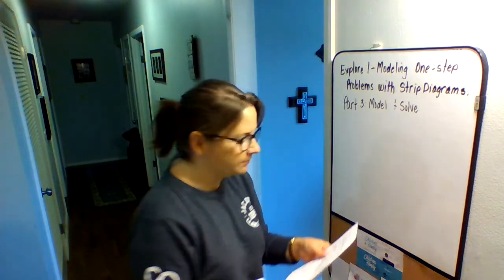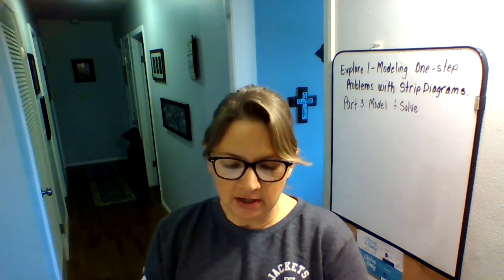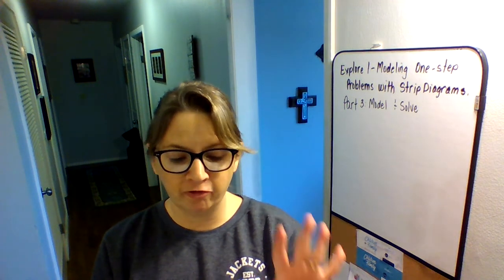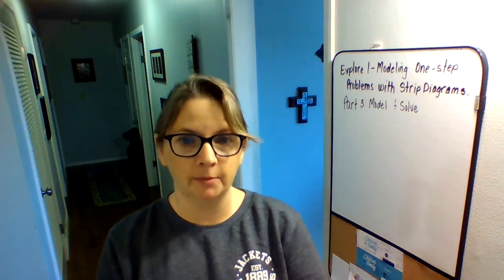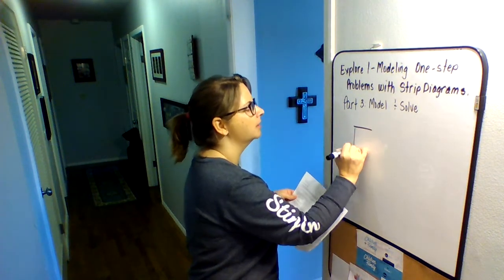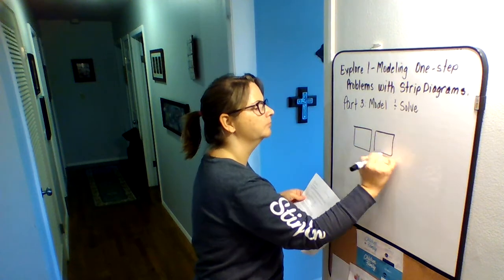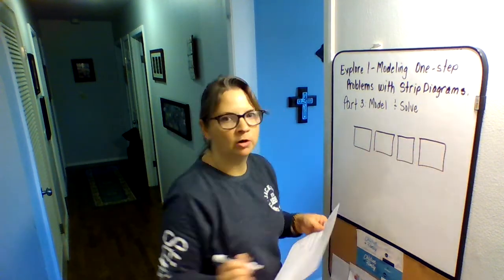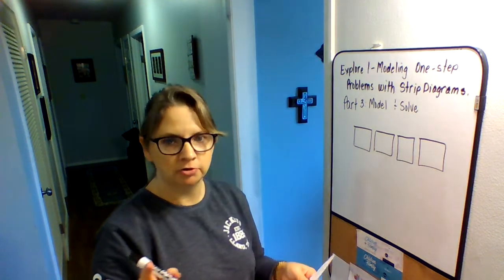All right, it says, everyone's favorite dessert is the chocolate cupcakes. You decide to order 4 boxes of chocolate cupcakes. So look what we know. We're modeling. We have 4 boxes. You draw the boxes. I drew the boxes.